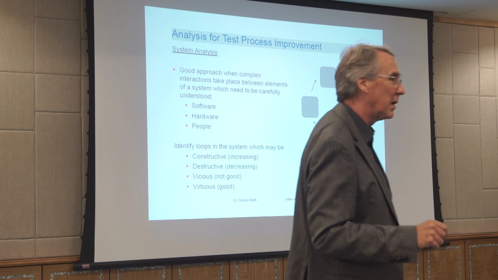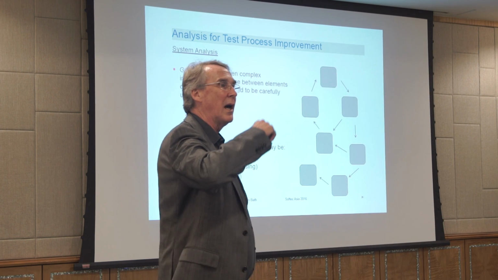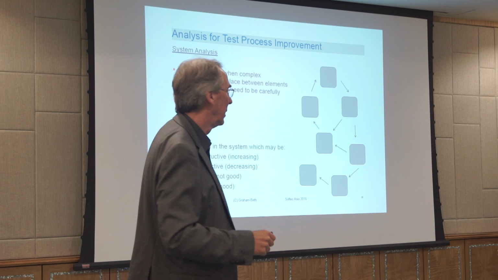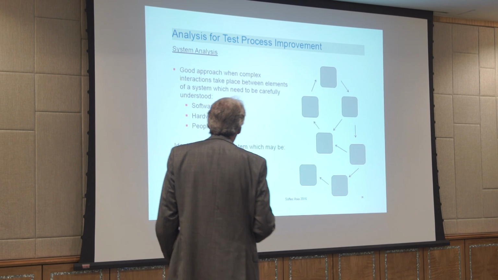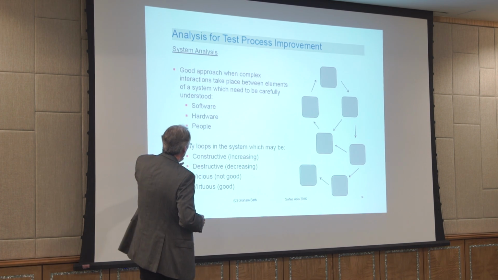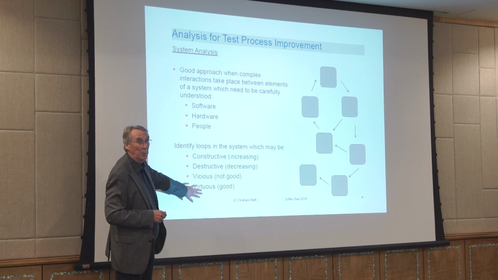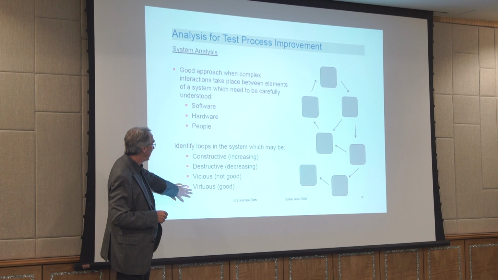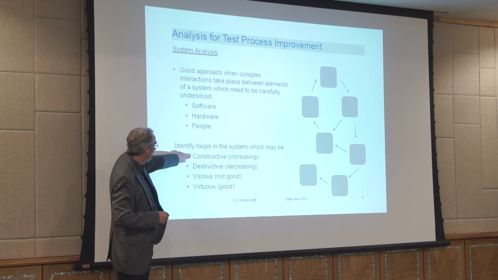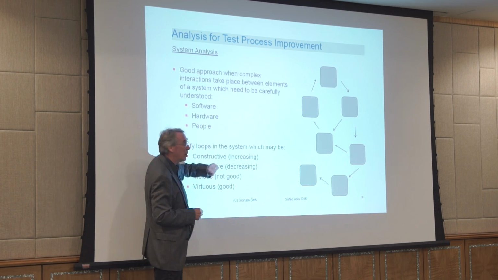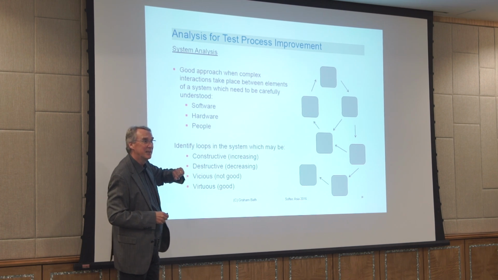And you start to analyze to see what happens in that loop. And you start to try and identify any of these 4 types of loop. Okay? Now, as you can see, they can be good or not good.